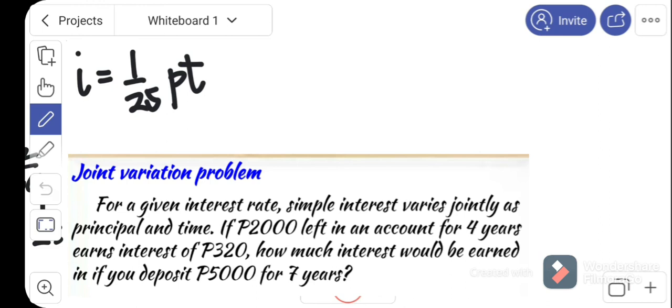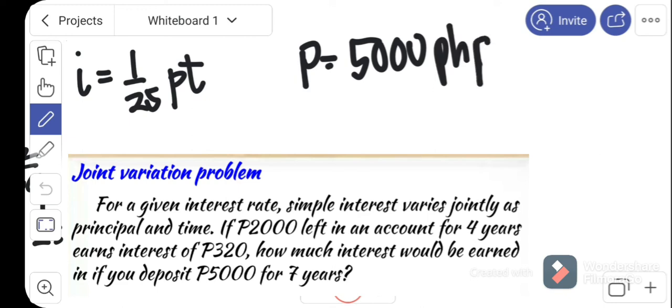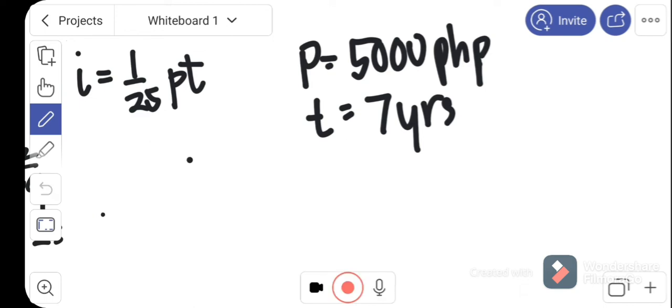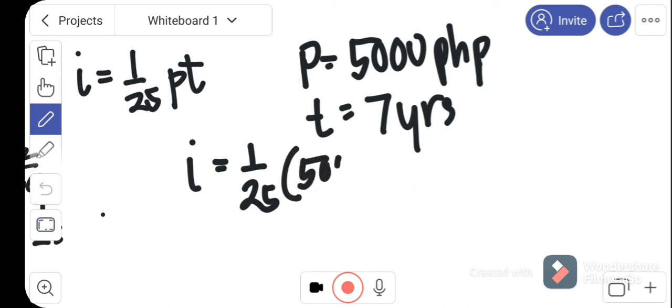So, our principal this time is 5,000 pesos. Our time given is 7 years. Okay, let us now solve for the interest. I equals 1 over 25 times 5,000 times 7.